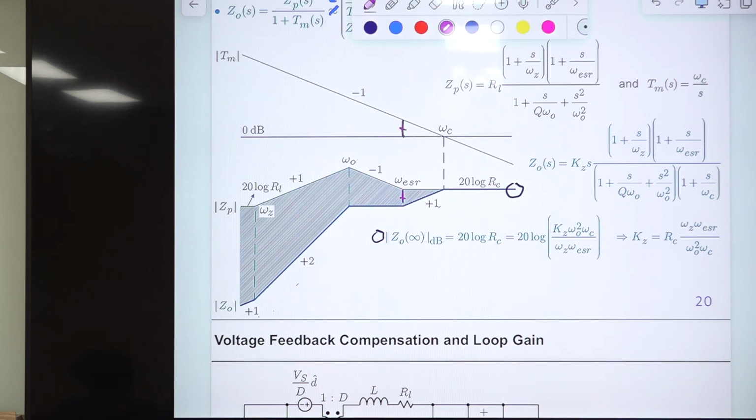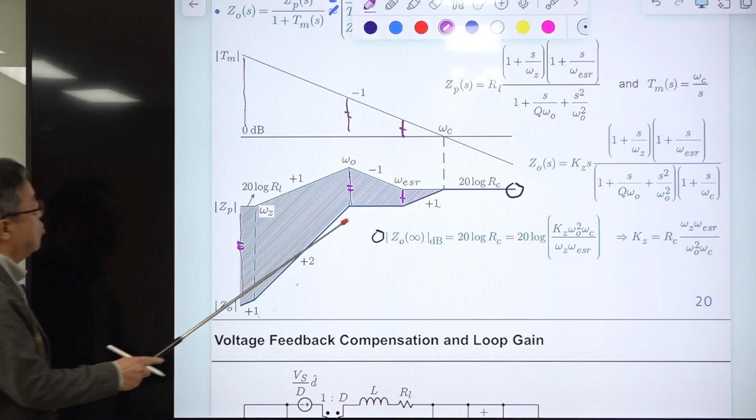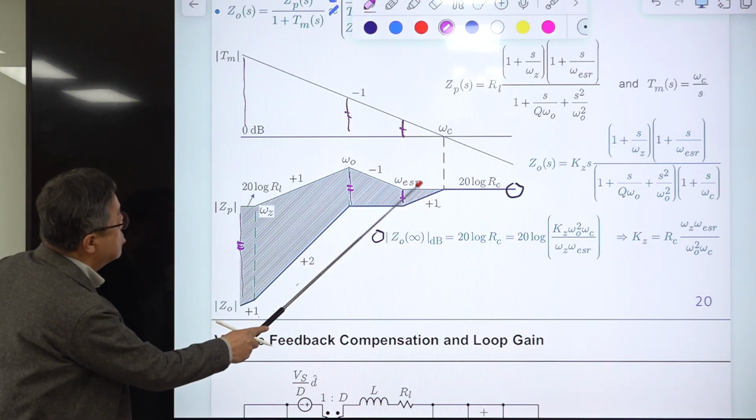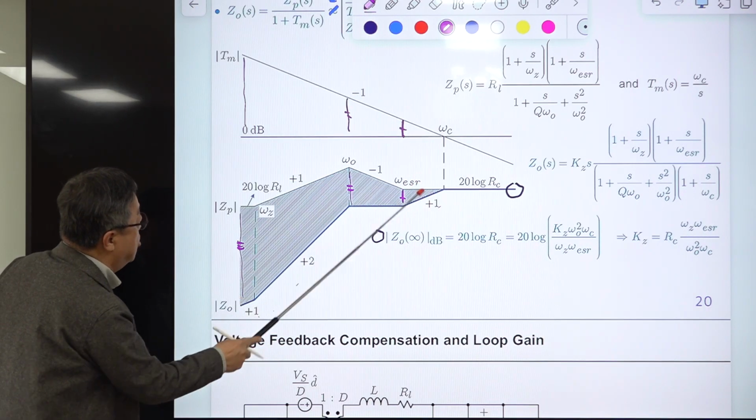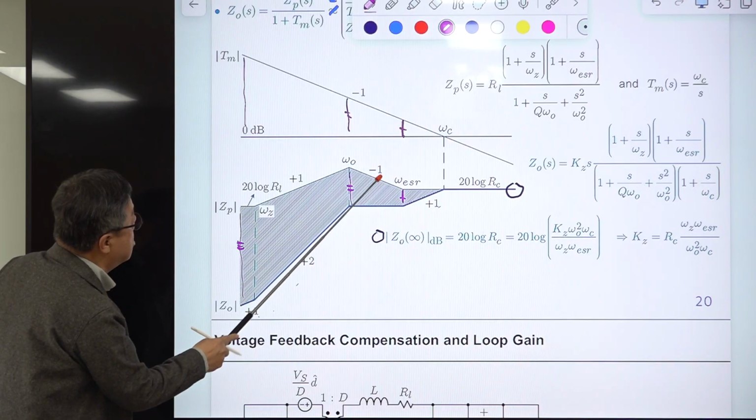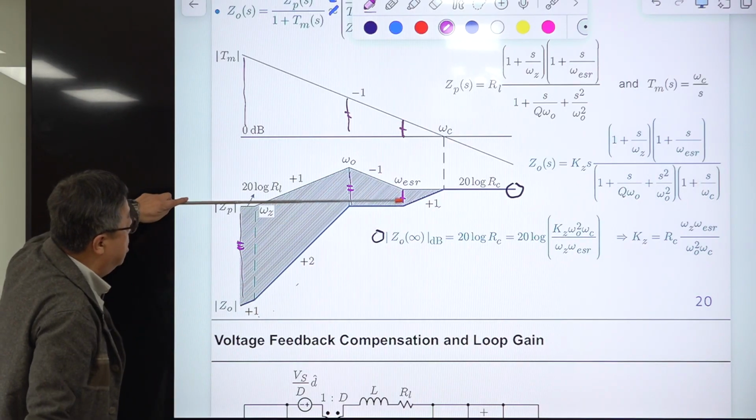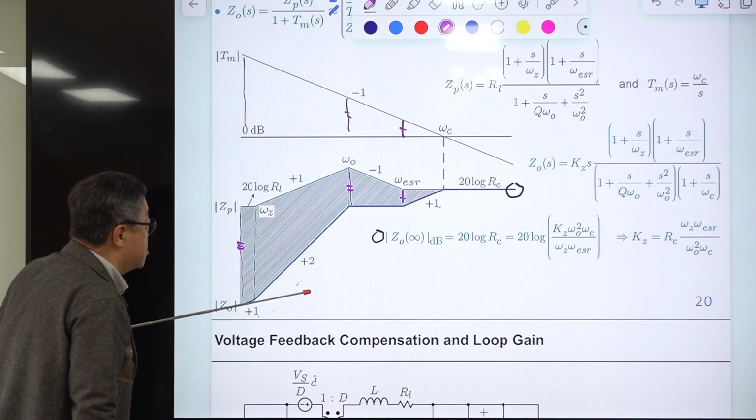Magnitude of this is the same, and this is the same, and this is the same. All right. So this construction is the same as the previous case. So here this slope is 0. So 0 minus 1 is plus 1. This is minus 1, same slope, remains the same, and this way, okay?